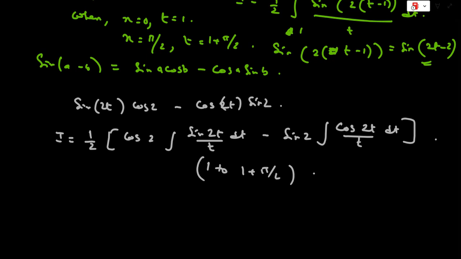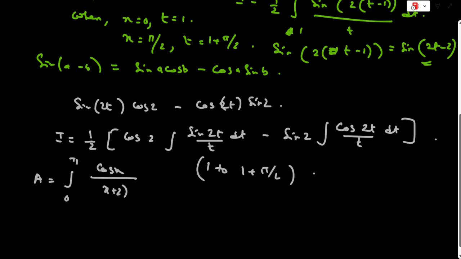Now instead of solving these ugly integrals, we connect them with the given A. Look at A. A is the integral from 0 to pi of cos x by (x plus 2) whole square dx.